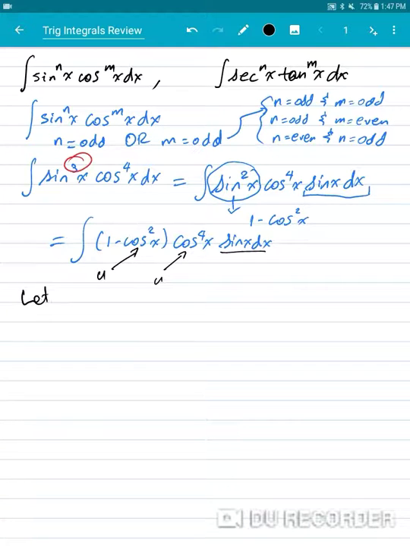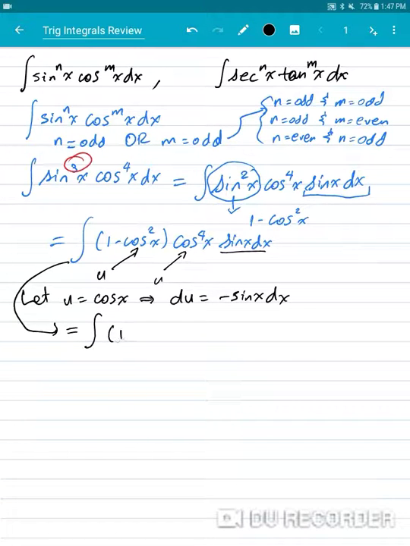So let u be cosine x, then du becomes minus sine x dx. So this is minus du. This expression becomes the integral of 1 minus u squared times u to the power of 4 times minus du, or minus of 1 minus u squared times u to the power of 4 du.